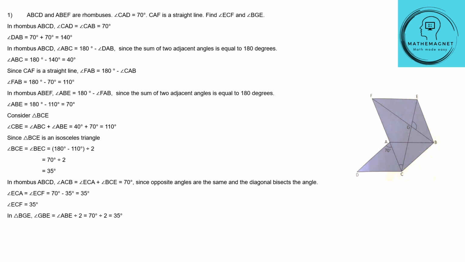We already found angle ABE as 70 degrees, so when the diagonal bisects this angle, GBE becomes 35 degrees.